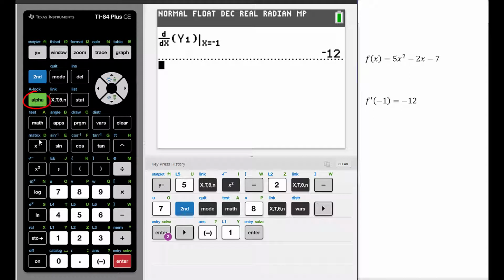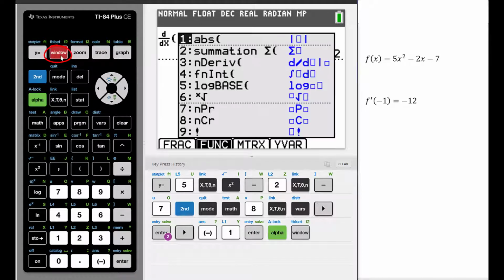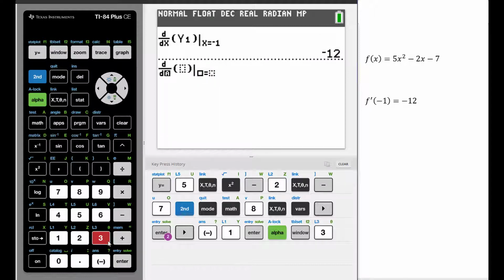Another way of finding the same numerical derivative is by pressing the green Alpha button and then pressing your Window button in order to access the F2 function, and then pressing number 3 for nDeriv. And it will basically have the same setup that we had from the last time. We'll still press x for d dx.